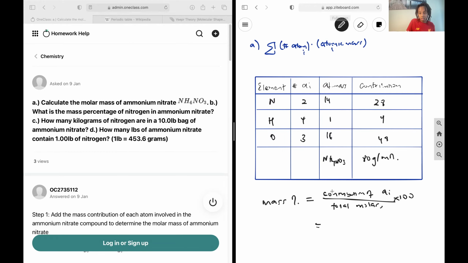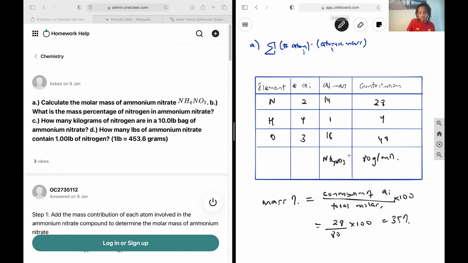Since we're looking for the mass percentage of nitrogen, we're going to do the contribution of nitrogen, which is 28, over the total molar mass, and that's going to be 80 times 100. And that is going to give us a mass percentage of 35%.